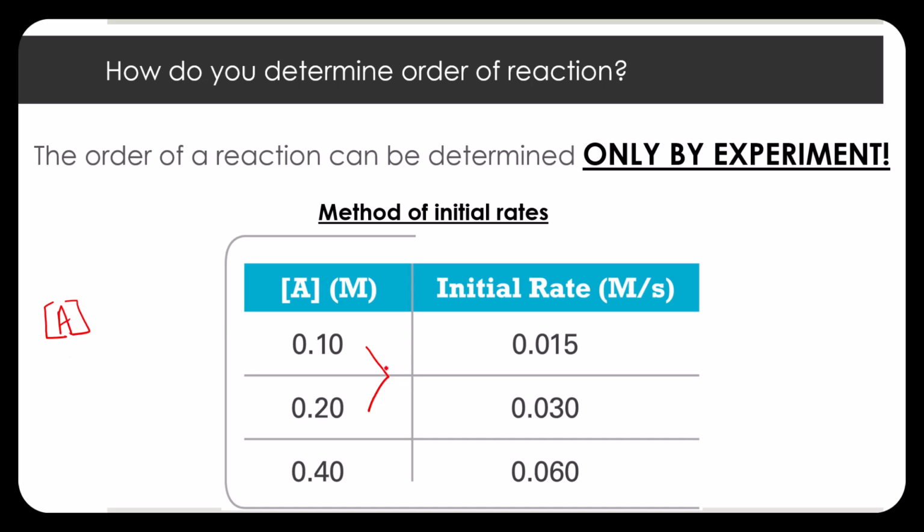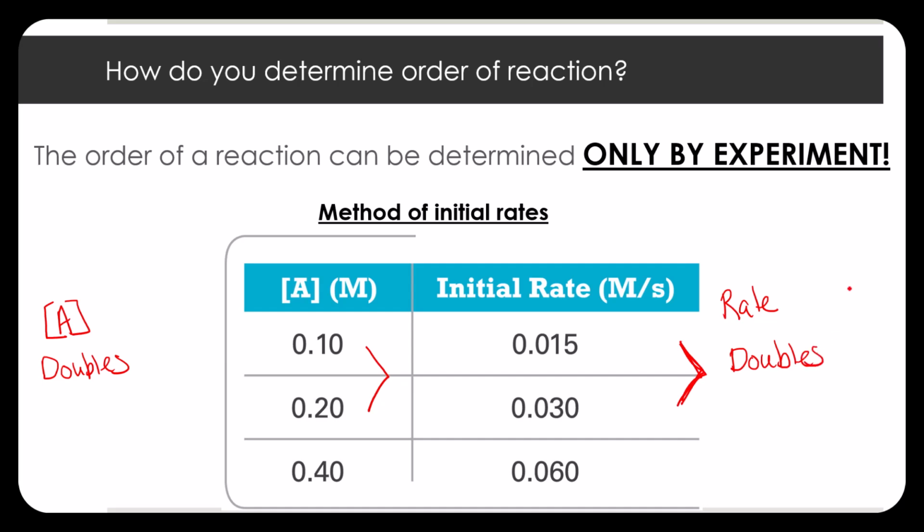The concentration of A doubles. Now we're going to look at what happens to the rate between trial 1 and trial 2. What do we notice about the rate here? It also doubles.